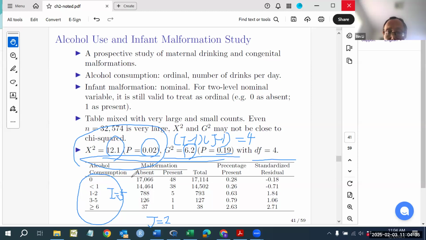So we have lots of counts for the absent malformation with low alcohol consumption group, but we just have very few counts for those with malformation and a high alcohol consumption group. So you can see it's highly imbalanced. So that's why the approximation by the chi-square distribution is no good.